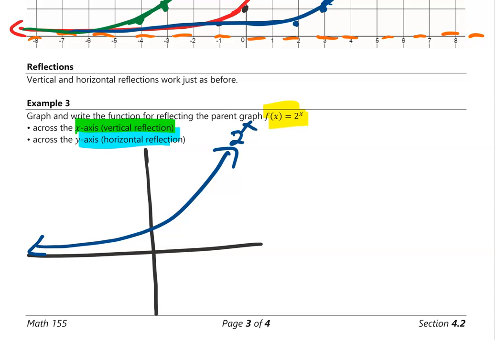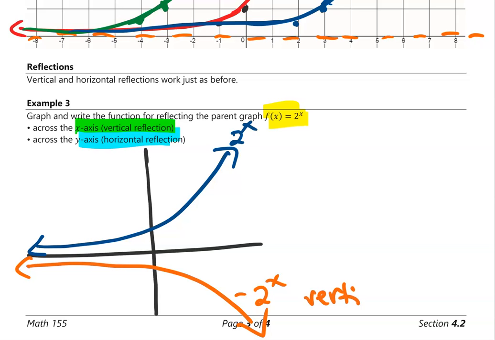We want the vertical reflection across the x-axis. Then it's going to look like this, and a vertical reflection is negative 2 raised to x. So again, we call this a vertical reflection.